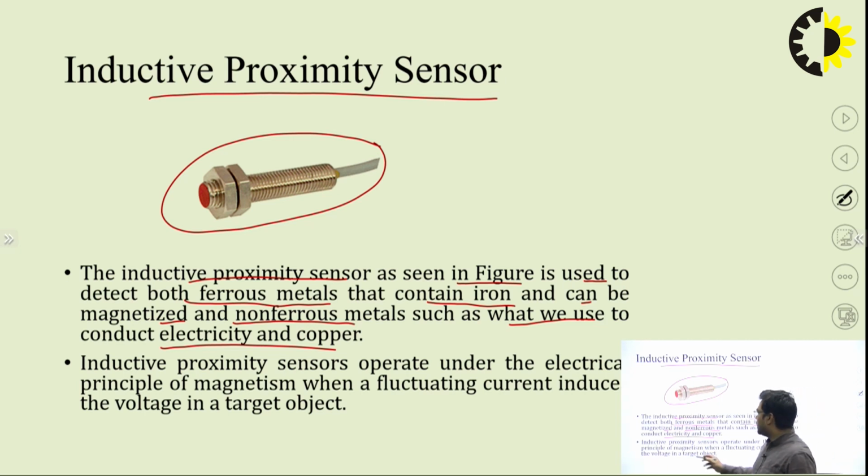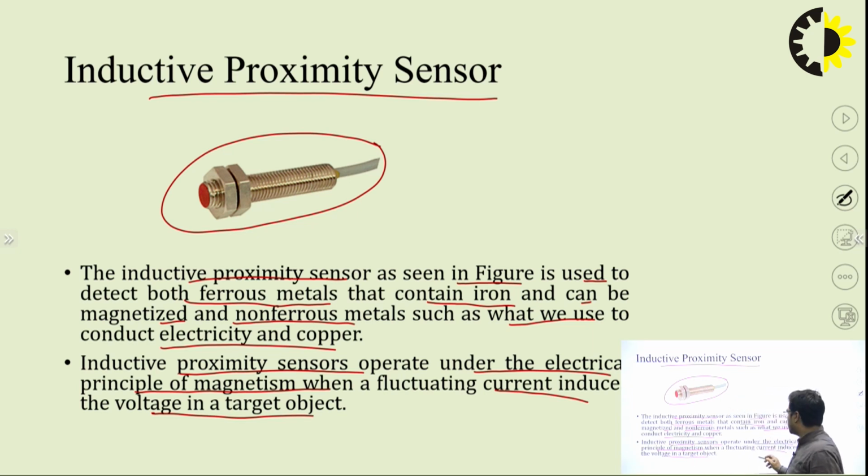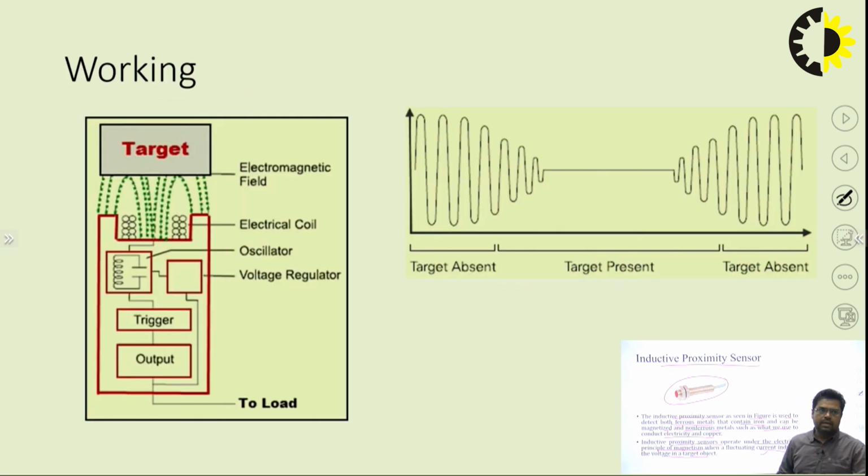The inductive proximity sensor operates under the electrical principle of magnetism, where a fluctuating current induces a voltage in the target object. So this is the basic principle of inductive proximity sensors. I will discuss it in detail in the next slide.